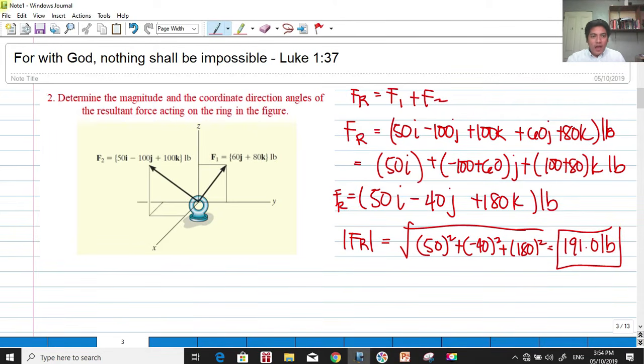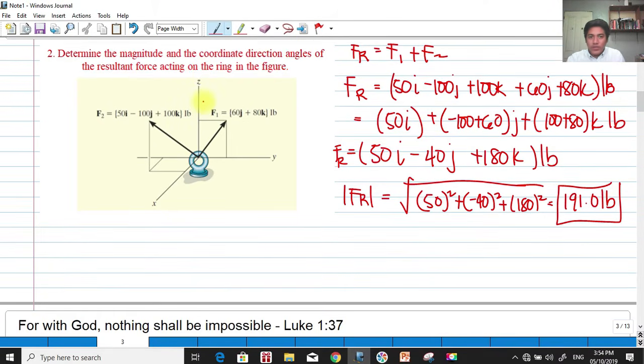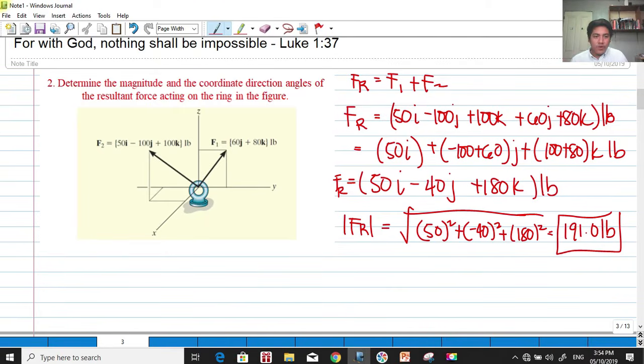And again, how about the direction angles of the resultant force? In order for us to get the direction angles, the direction cosines of the resultant force, we need first to get the unit vector of the resultant force. The unit vector is the resultant force vector divided by the magnitude of the resultant force.